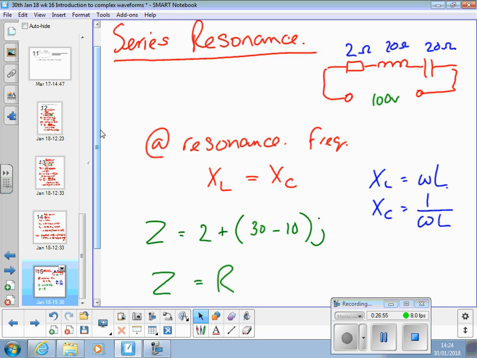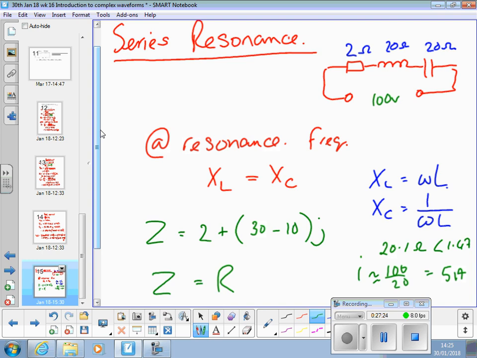20.1 ohms. No, it's about what happens at resonance, Lewis. Right, so the current now is going to be approximately 100 over 20 in magnitude, 5 amps. Yeah.